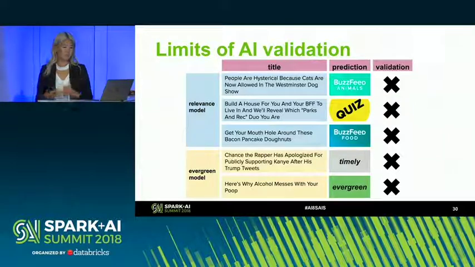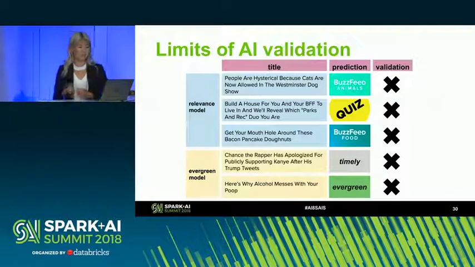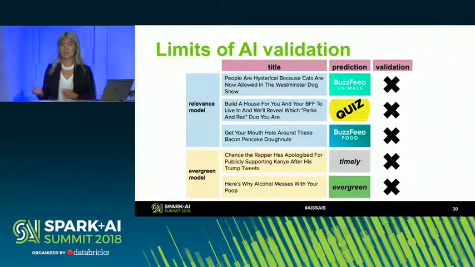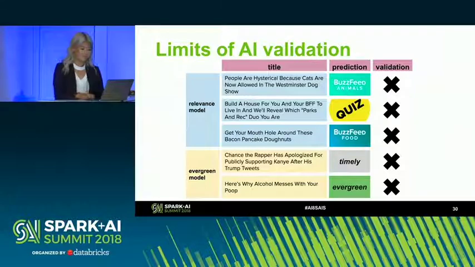So our training data thinks that this title about the Westminster Dog Show doesn't belong to the BuzzFeed Animals channel, but our model thinks it does, which I would side with the model on this one. And here are just some other examples where our training set is not reliable enough for us to solely depend on cross-validation on that training set.